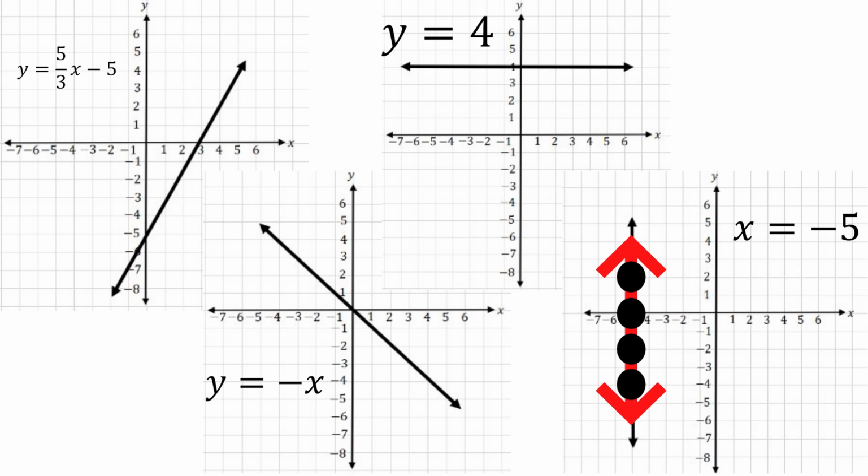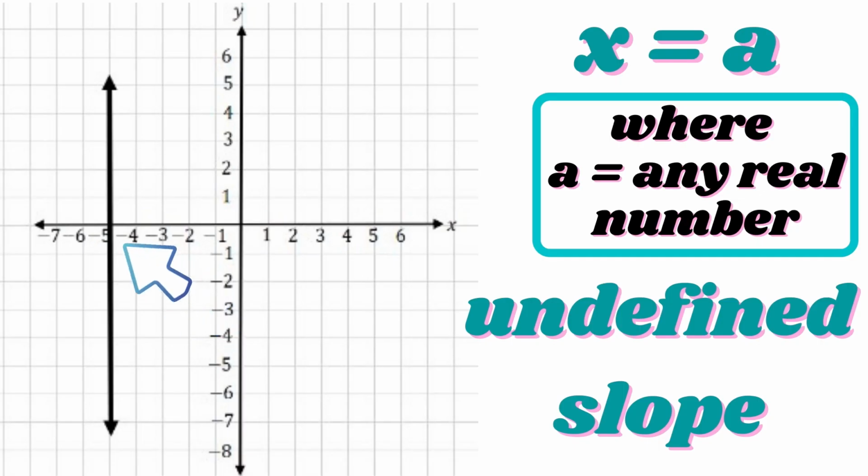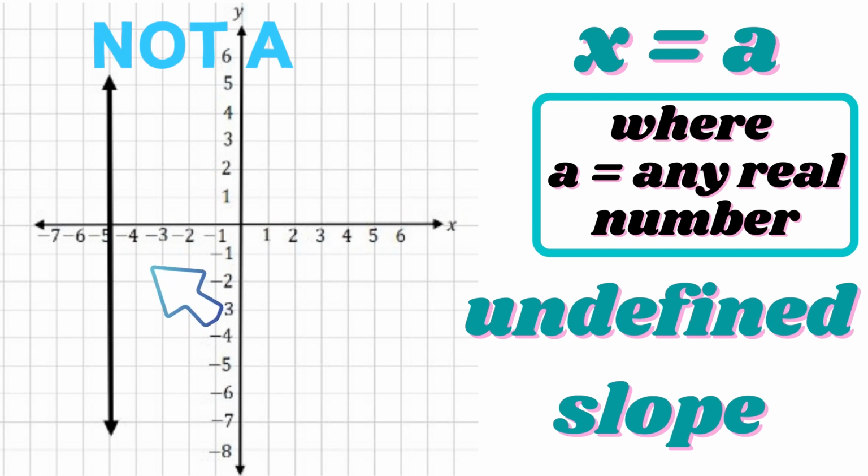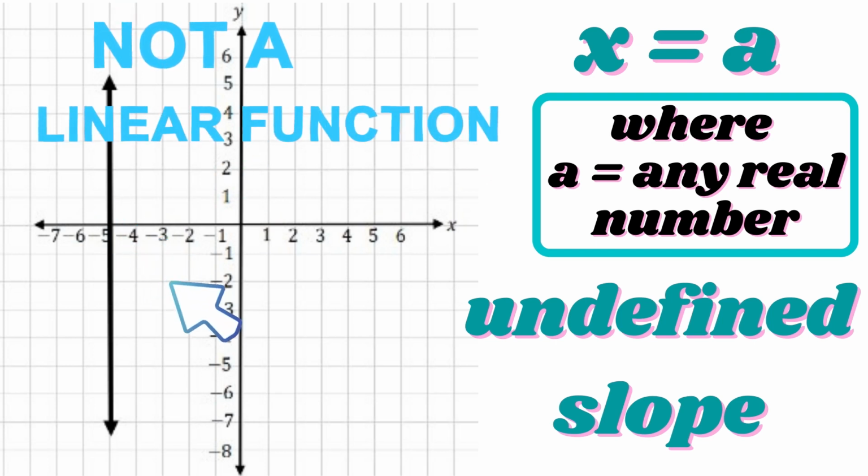Therefore, all linear equations in the form x is equal to a, whose graph is a vertical line, is not a linear function.